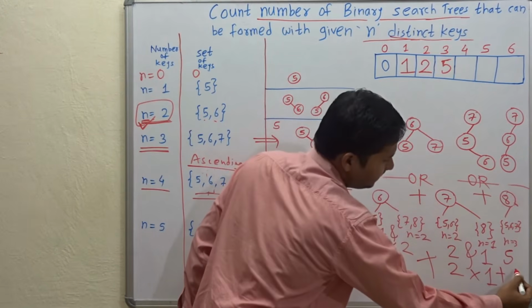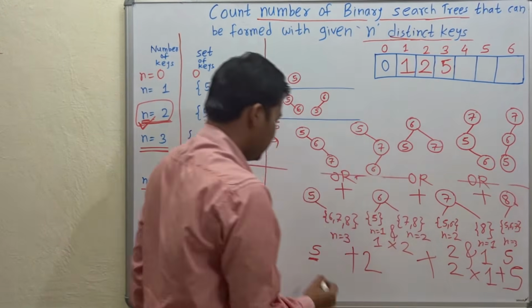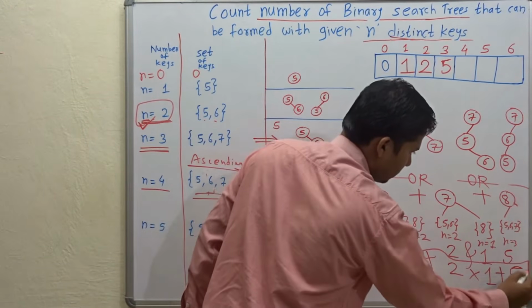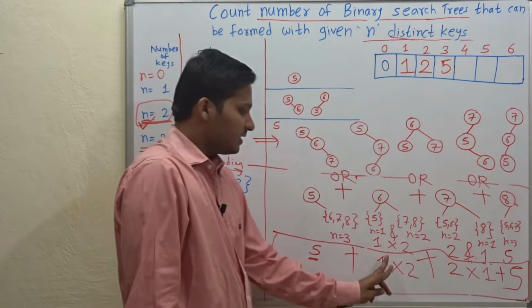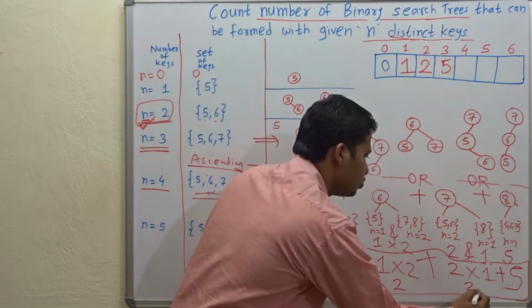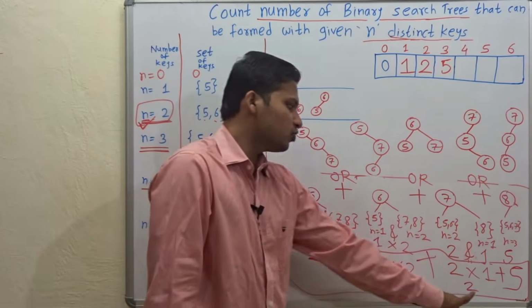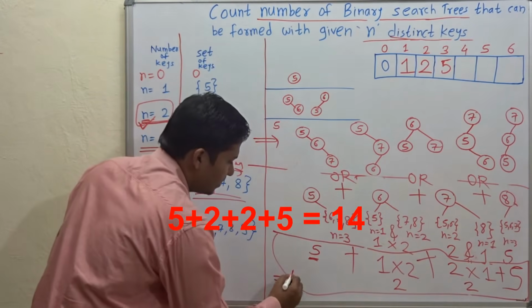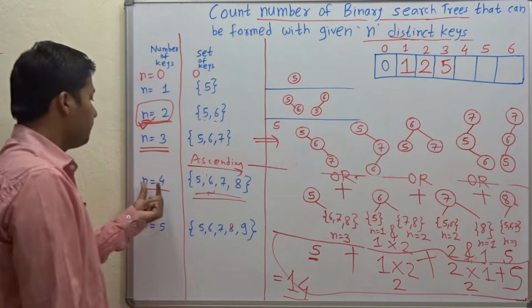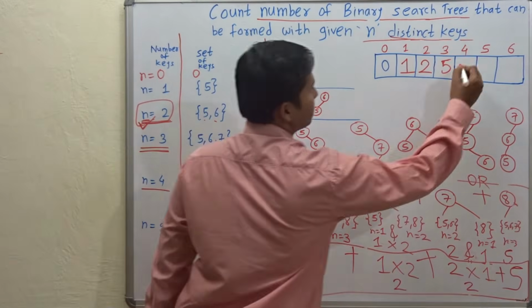So there are only 5 binary search trees possible. So see here, 5 plus 1 into 2, that is 2, and 2 into 1, that is 2. So 5 plus 2 plus 2 plus 5. So there are a total of 14 binary search trees possible when n equal to 4.